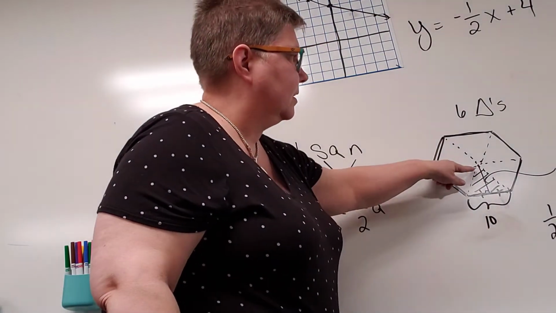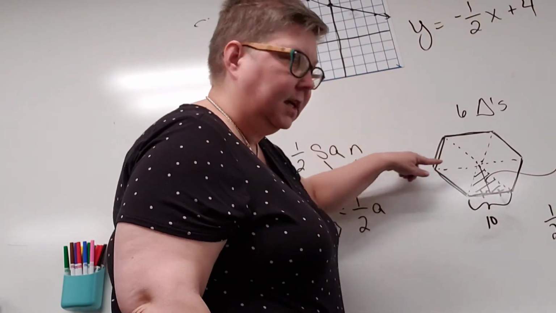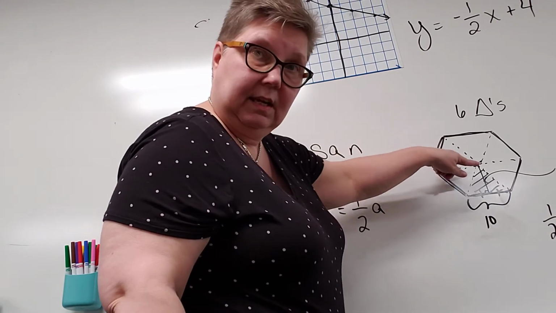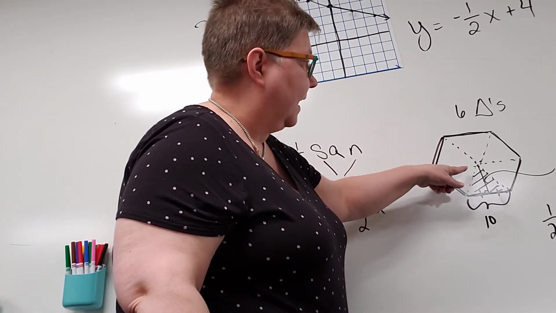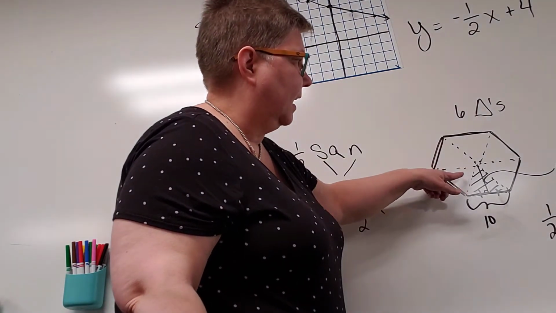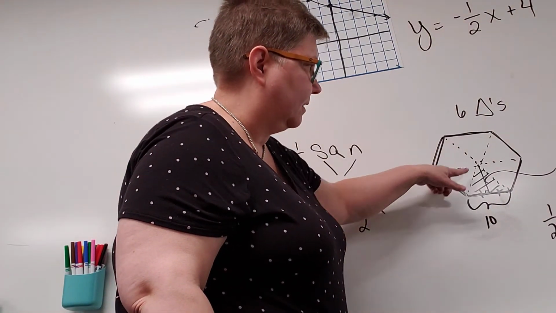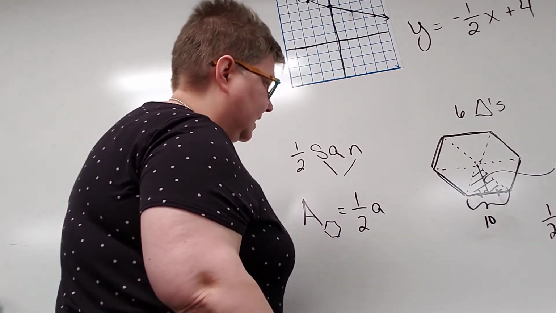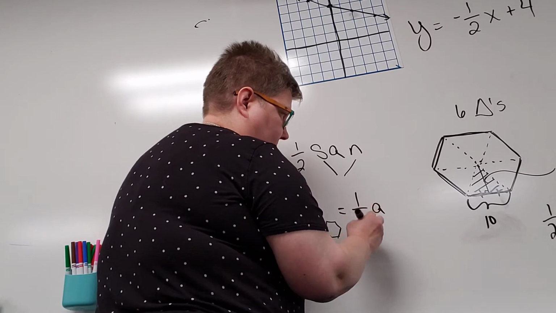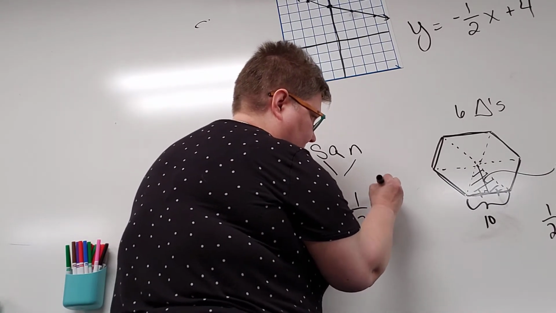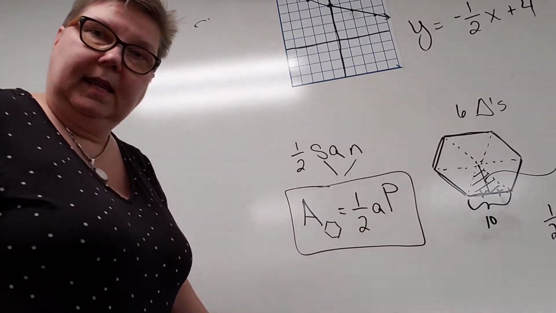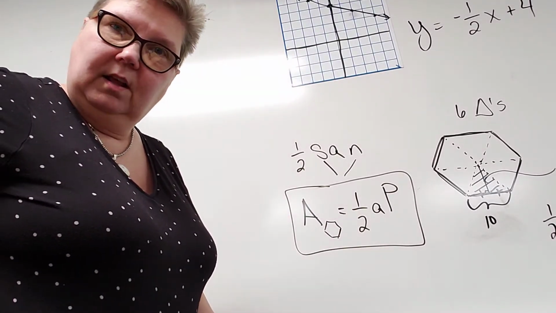So if they gave you, say, 20, or let's make it easier, let's say this is 13, the apothem is going to split this side, and you can use the Pythagorean theorem to find the length of the apothem. But once you have it, you have 1/2 apothem times perimeter. So this is your formula for any polygon at all.